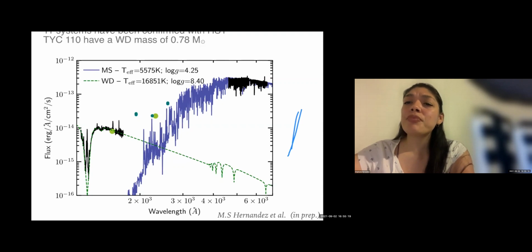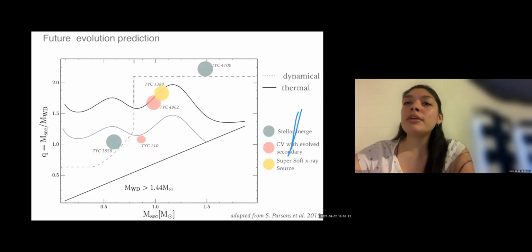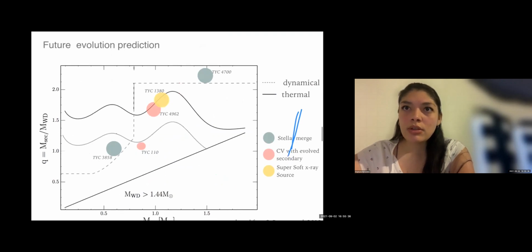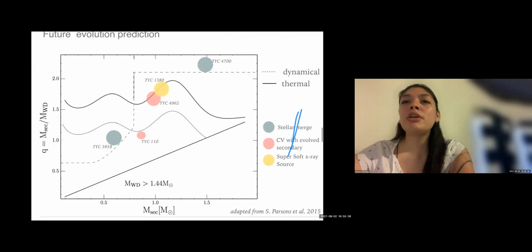With the parameters of the binaries, mass, radius, orbital period, and metallicity, I performed MESA simulations of the 5 systems. What I show here, with the lines, are the stability limits for different types of mass transfer.